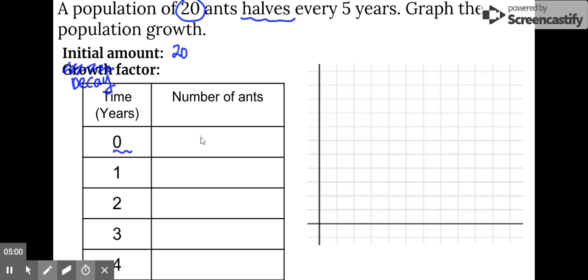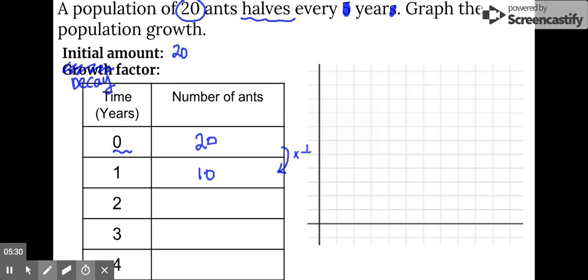Year 0, it was 20 ants. Every year, sorry for all the typos. It halves every year. So after 1 year, it's going to be 10 because it halves. Half of 20 is 10.